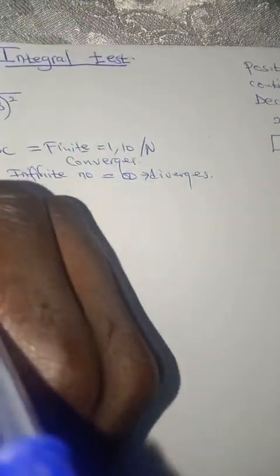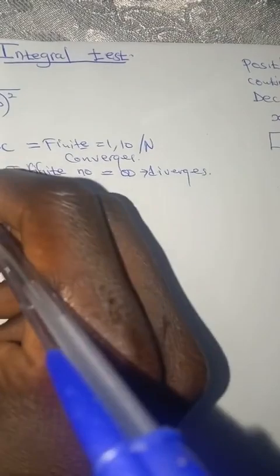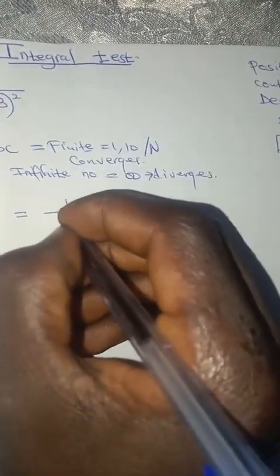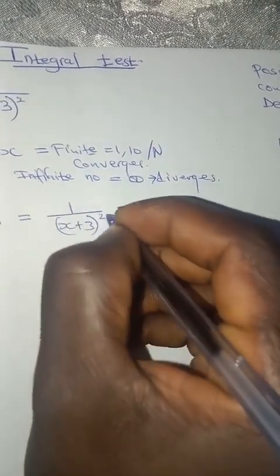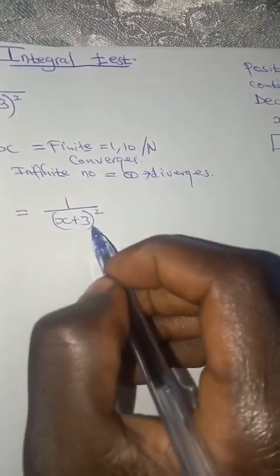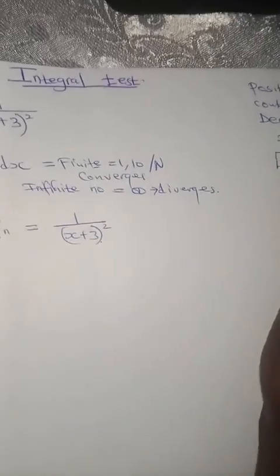So is our function positive? This is our series a_n, and we find the corresponding function f(x), which we derive from this: 1 over (x plus 3) squared. Is this function positive?